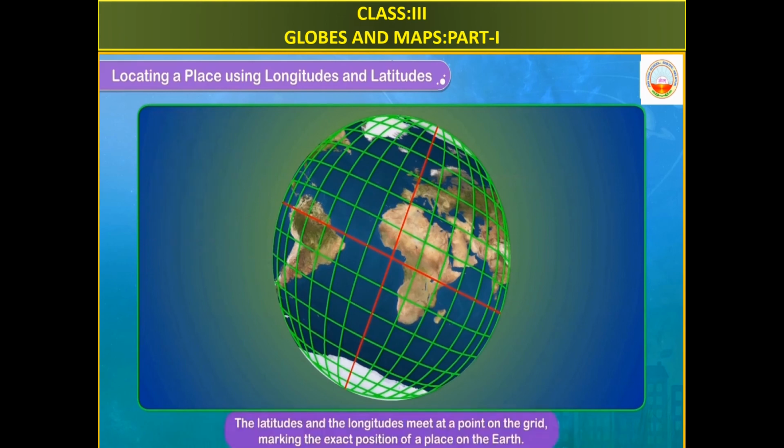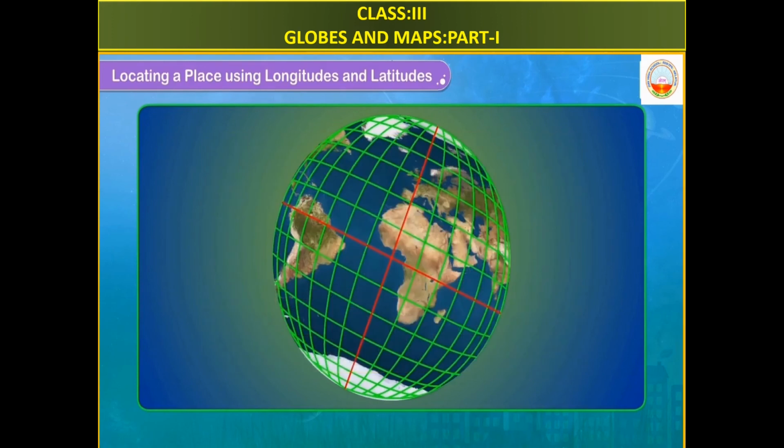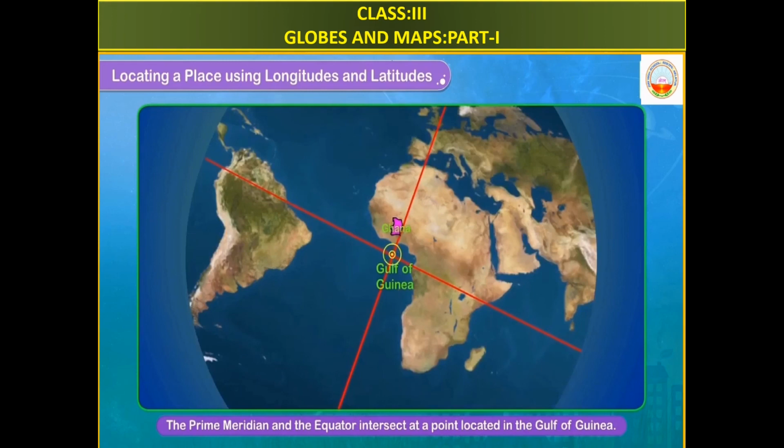The latitudes and the longitudes meet at a point on the grid, marking the exact position of a place on the earth. Each latitude and longitude stands for 1 degree. The prime meridian and the equator intersect at a point located in the Gulf of Guinea, 180 miles south of Ghana in the Atlantic Ocean.